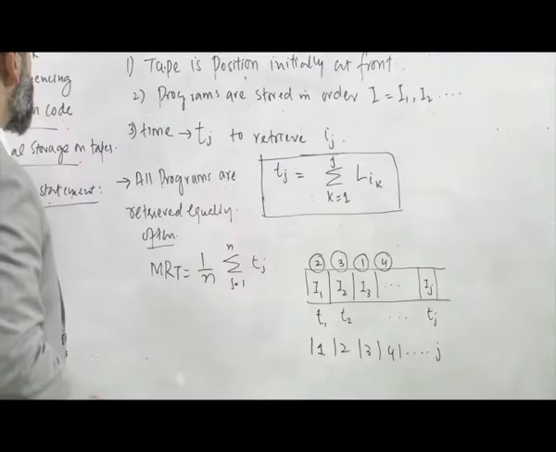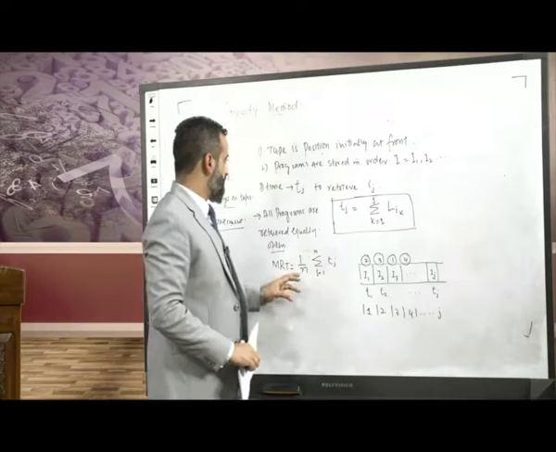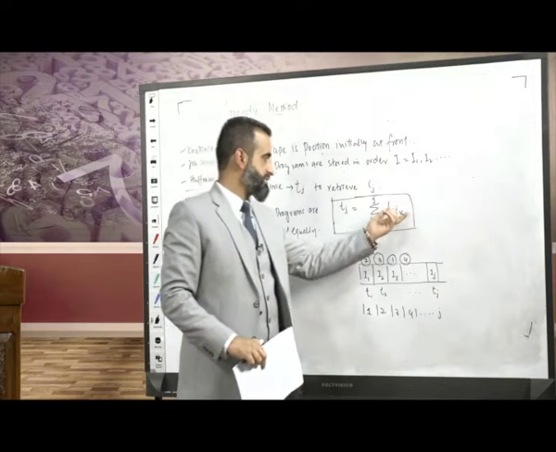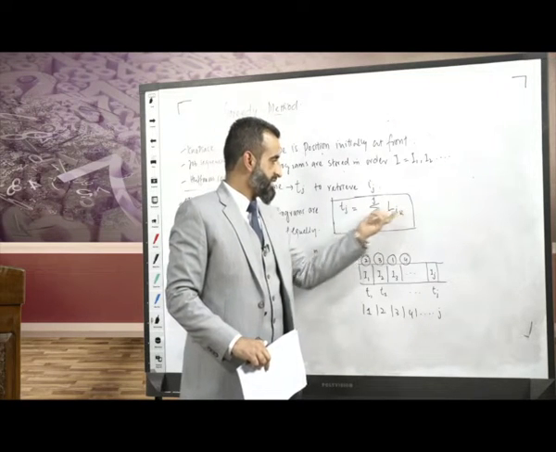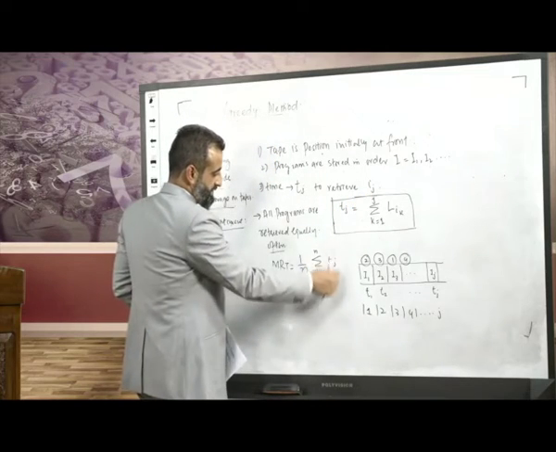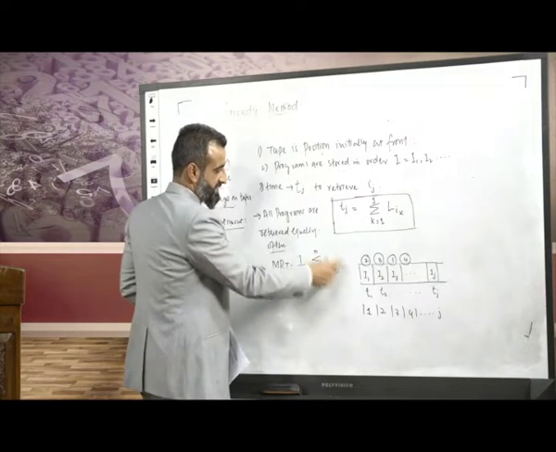Now if I have to take it for all those lengths of the program: a single program has this much length, retrieval of a single program takes this much time, and mean retrieval of all the programs takes this much time.